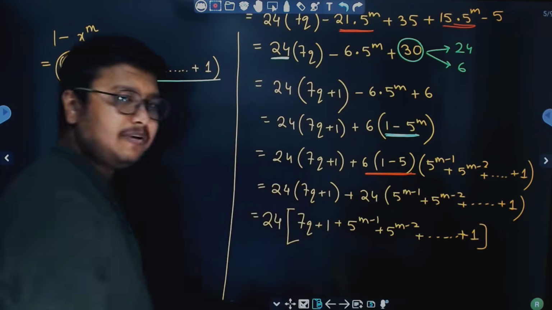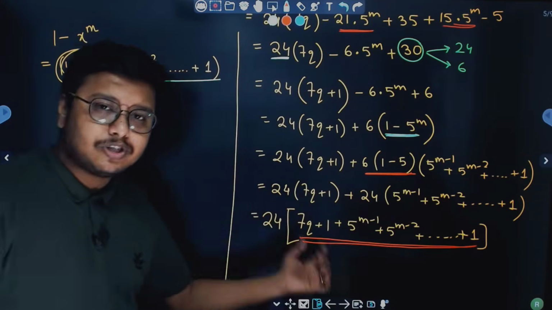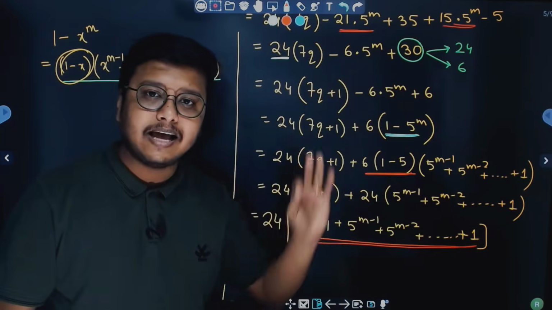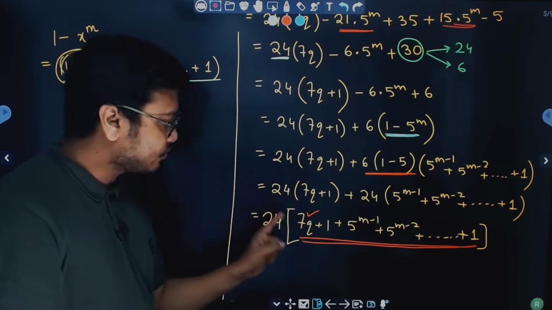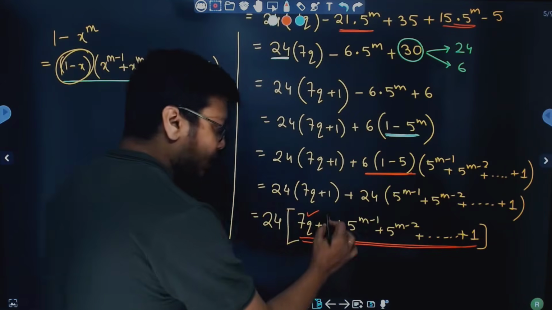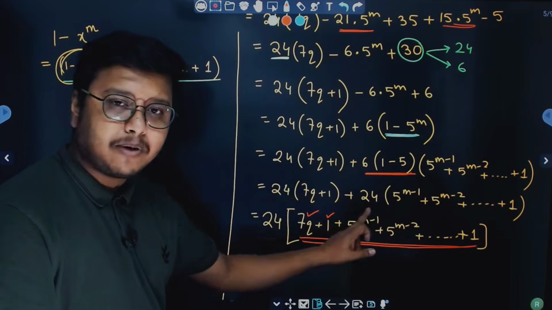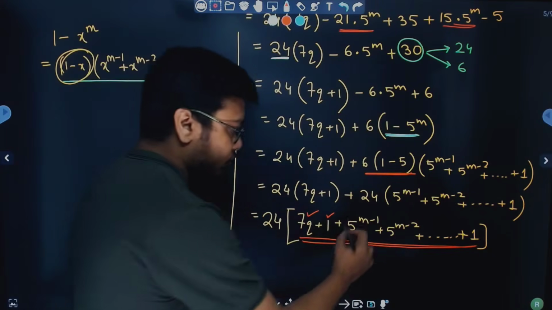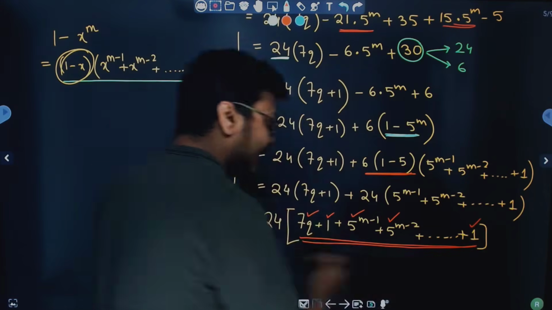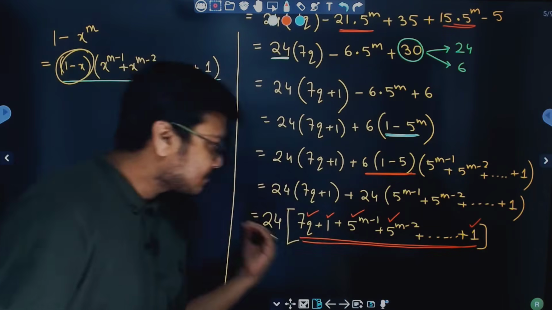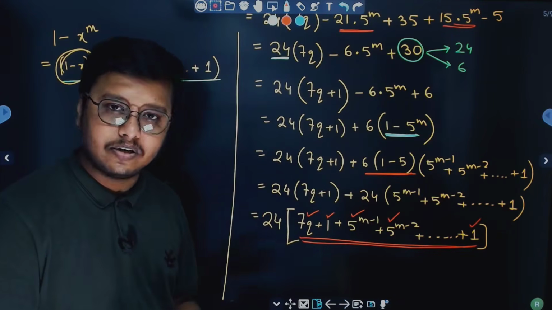Now you don't need to simplify this entire thing. As you can see, each term of this series is an integer, right? 7q, now remember your q was an integer, so 7q is also an integer, 1 is an integer, m was a natural number, so 5 to the power m minus 1, that's also an integer, this is also an integer, all the way down up till 1, everything is an integer. So the sum of all integers is again an integer, right?